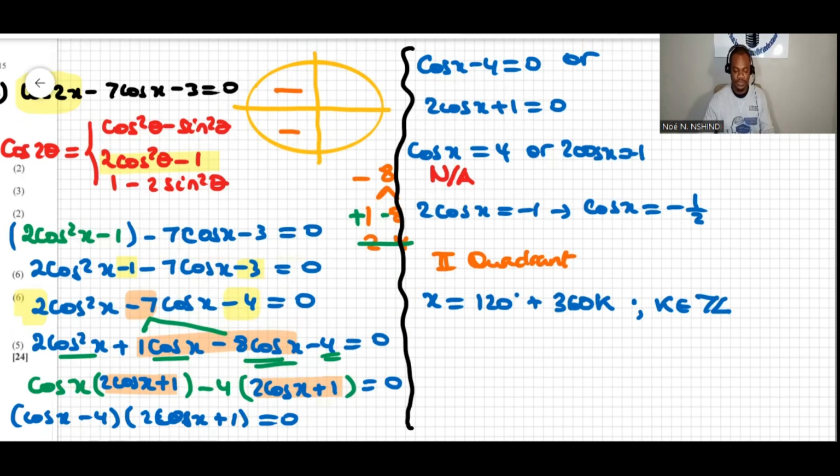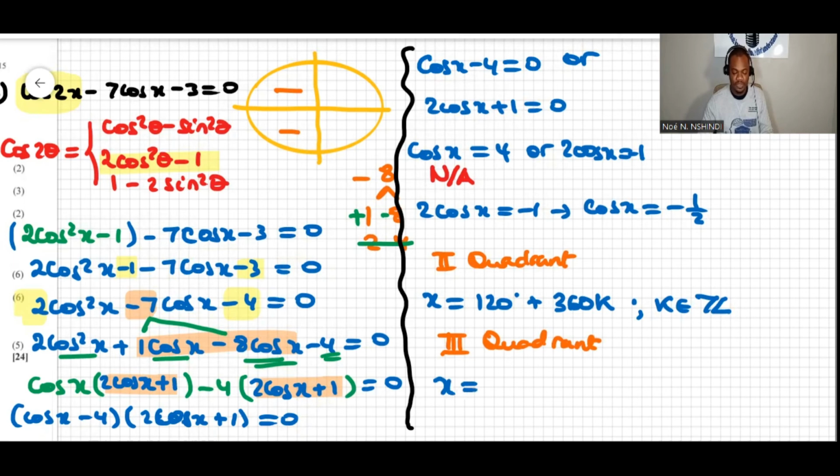Now on the third quadrant, where cos is also negative, we're going to do 360 minus 120. So this is equal to 240.